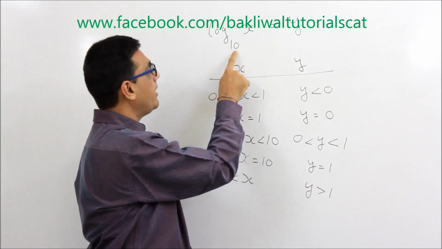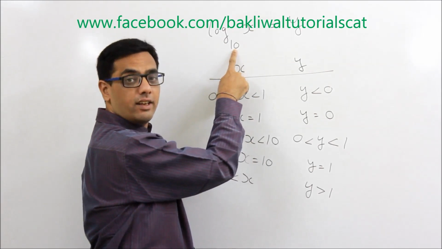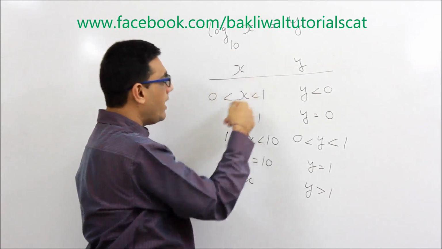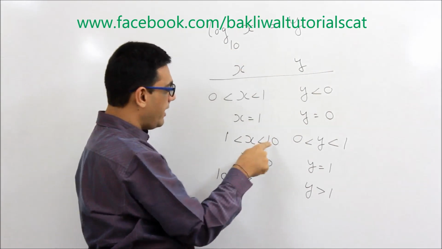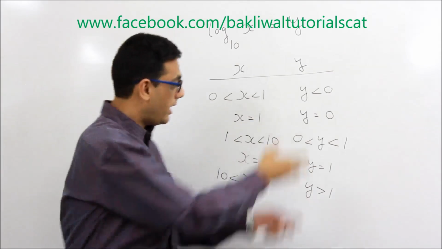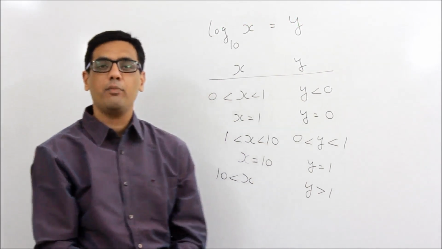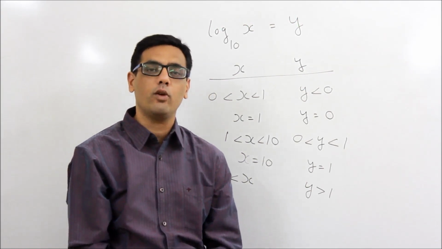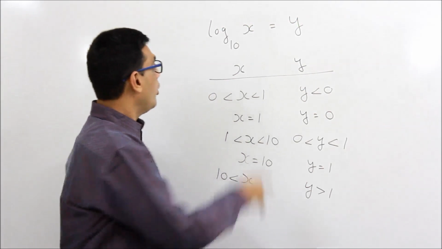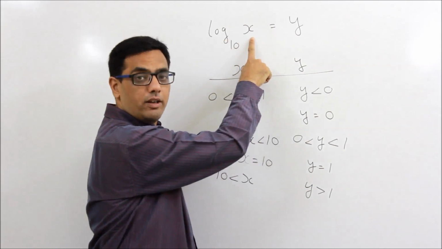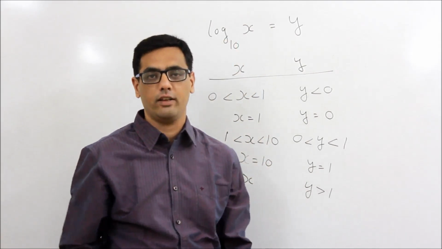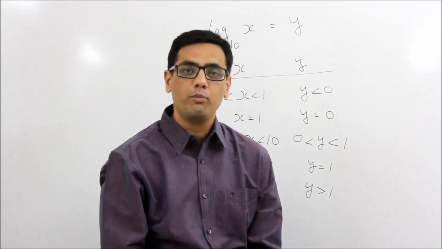Of course I can change the base, I can make it log to the base 3. Everything will remain the same, wherever it is 10, I will just put in 3, and correspondingly the values will remain like that. This will help your basic conceptual understanding of log. Log of negative numbers or 0 is not defined. So log is defined only for positive numbers.